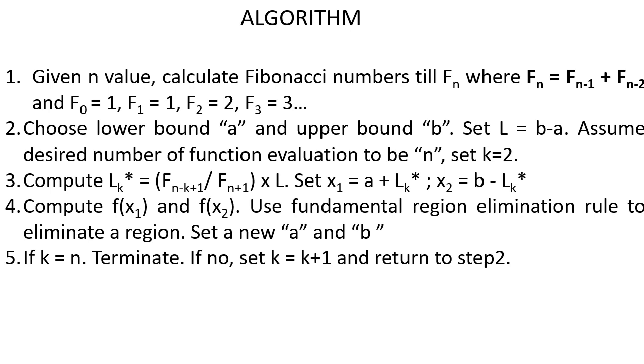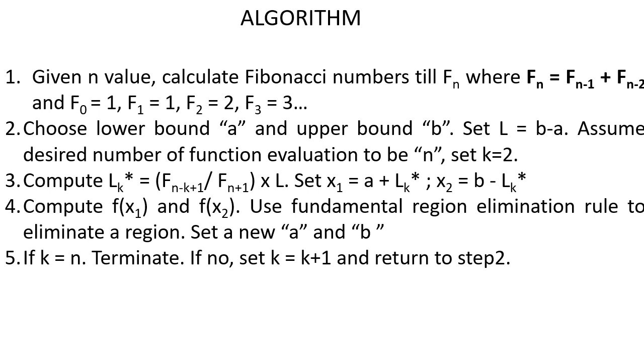Now here we have the algorithm. So first we take n value which is nearer to the given intervals, and then we calculate Fn, which is the nth Fibonacci number, and it can be found by the formula Fn is equal to Fn minus 1 plus Fn minus 2, and we calculate F0, F1, F2, and until Fn.